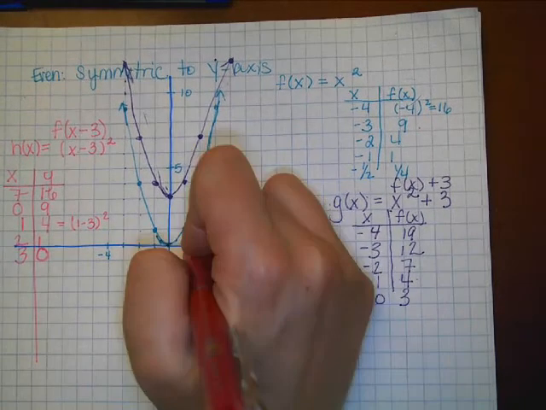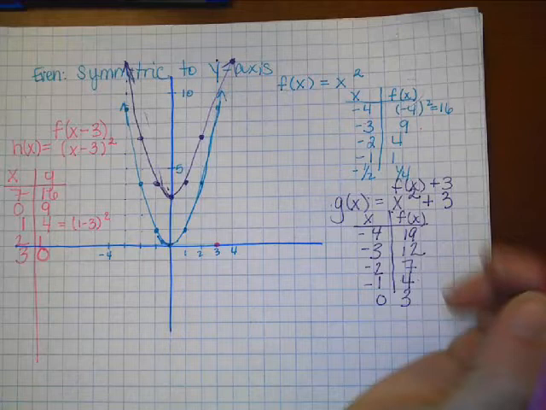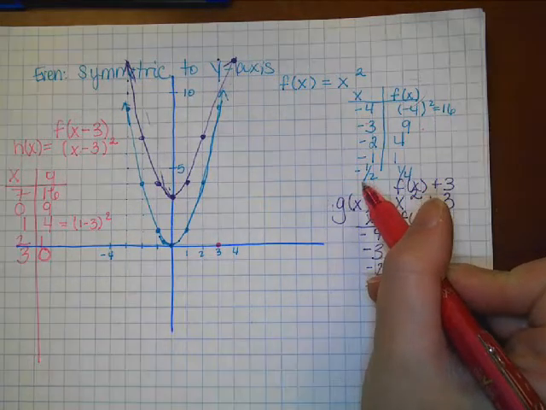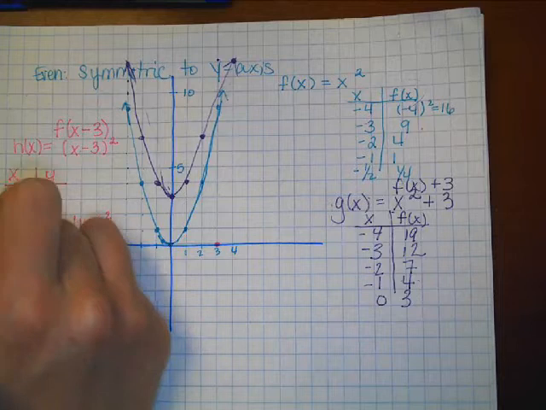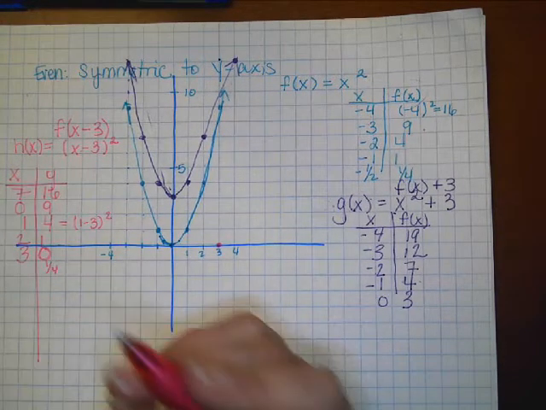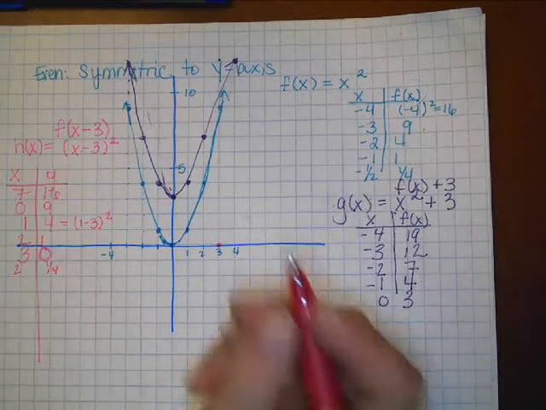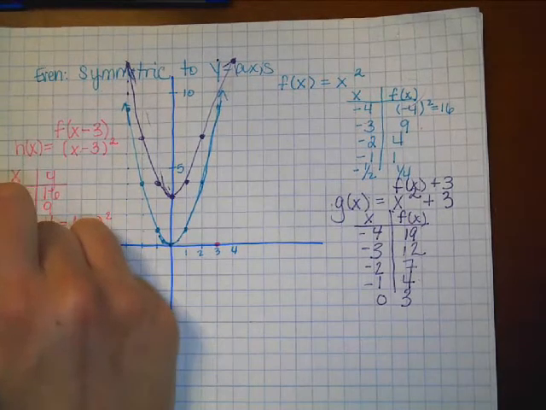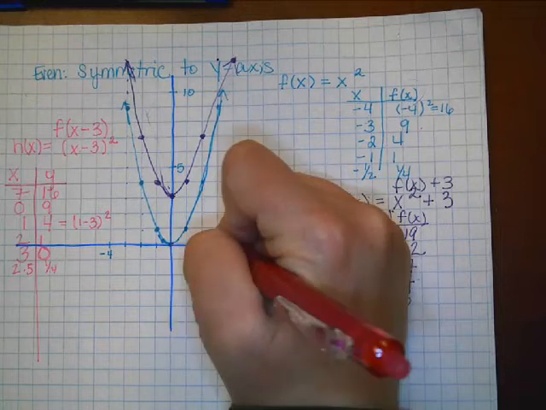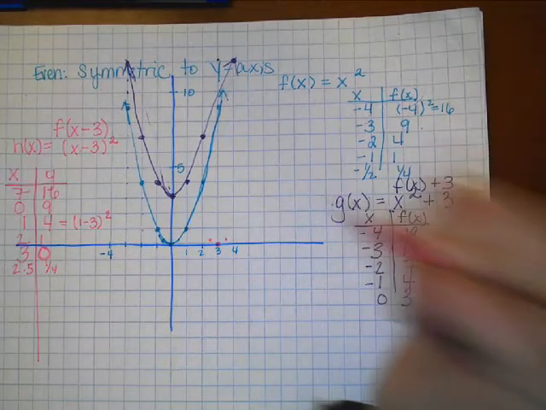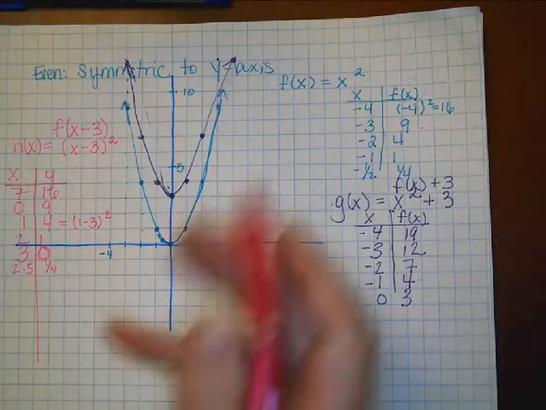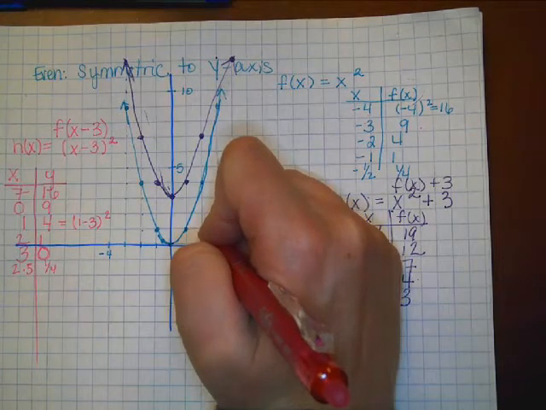Now it's 3, 0. All right, so let's look at what this is. I have 0, 3. That 1/4 and -1/2 is now 1/4 and 2.5. All right. Also 3.5.